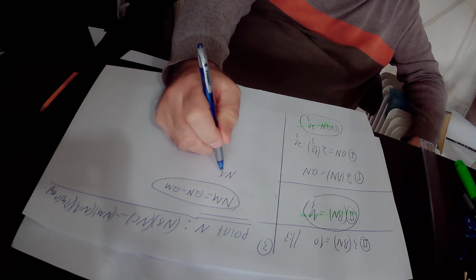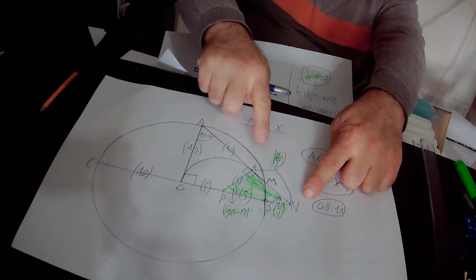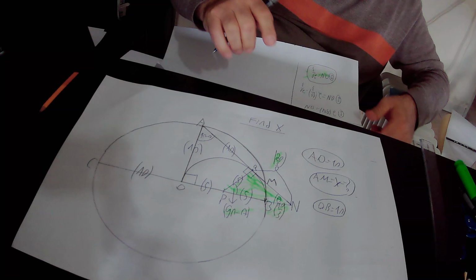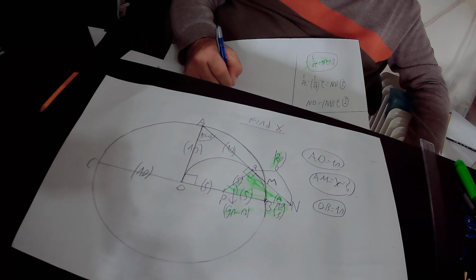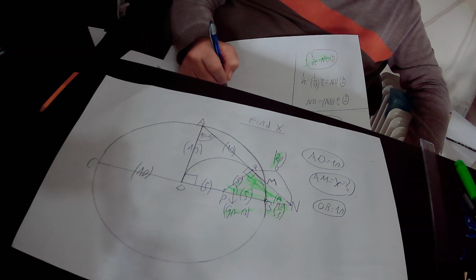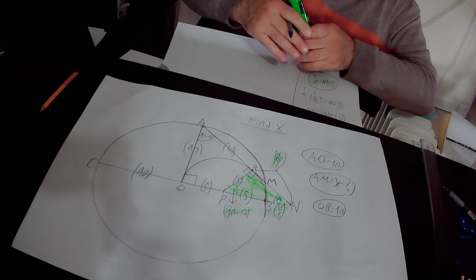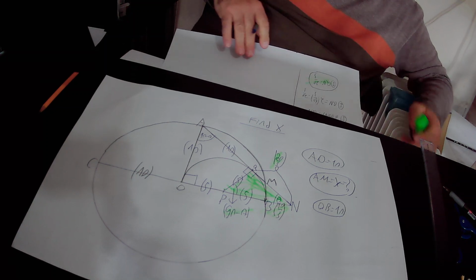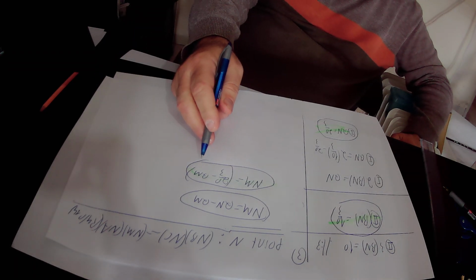So NM equals QN, where QN equals 20 over 3 units in length, minus QM. So in conclusion, we found out that the length of line segment NM equals 20 over 3 minus QM.